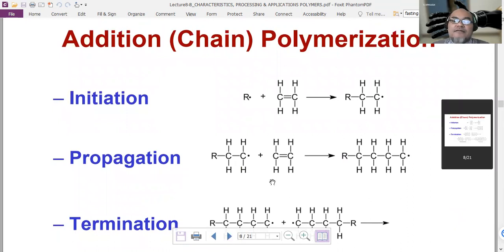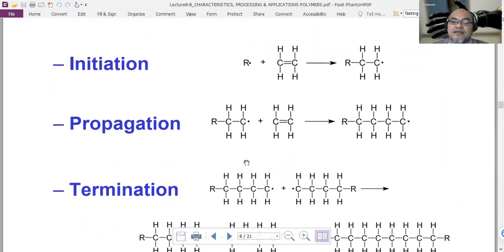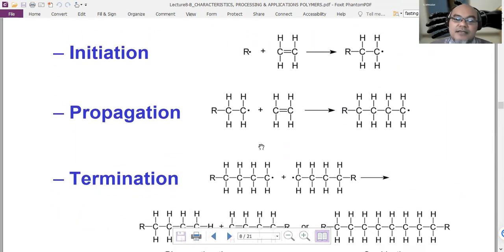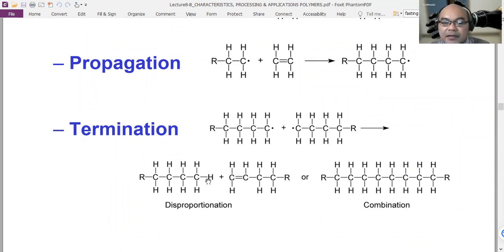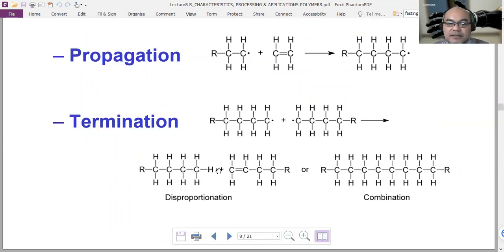polymer. Finally, when two radicals like this meet each other, the dangling bonds will bind and they become a larger molecule with the two ends connected to the R functional group. This termination can be done either through a disproportionation process or through a combination process.